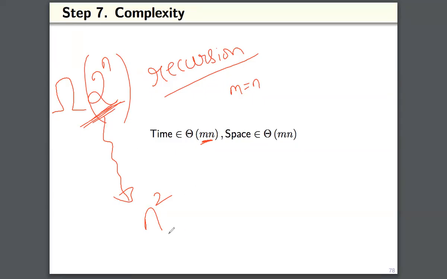Look at what we achieved. This hard problem of longest common subsequence we solved in theta n squared. Look at the beauty of this. And why theta n squared? Because best case, average case, worst case, everything is n squared. Because we are filling the table.